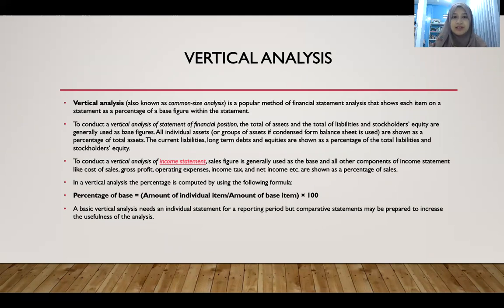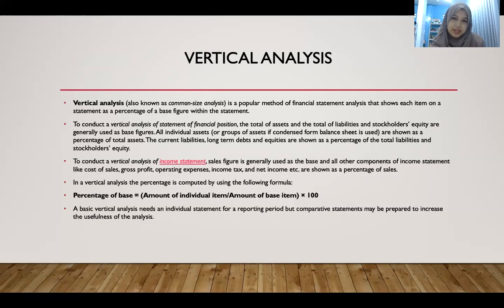Let's say for an income statement, the base figure is the net sales, which is the 100%. We assume that as 100%, and other items will be based on that figure.